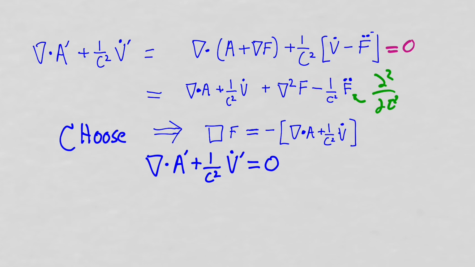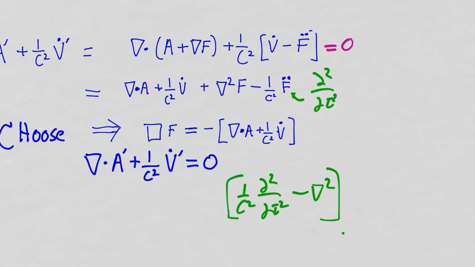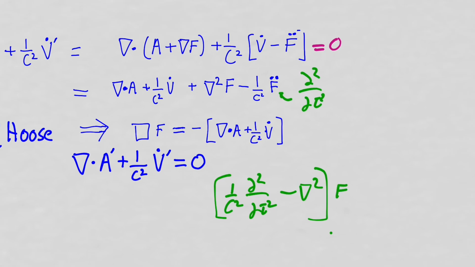So how would I do that? I would have to go 1 over c squared d squared dt squared minus del squared, right? That guy there, f, right? That's what this is here, right? And the sign over here changes because I move this stuff to the other side of the equal sign, so I pick up this minus sign here.